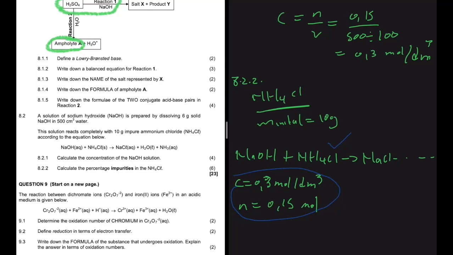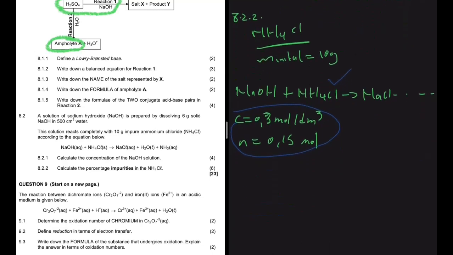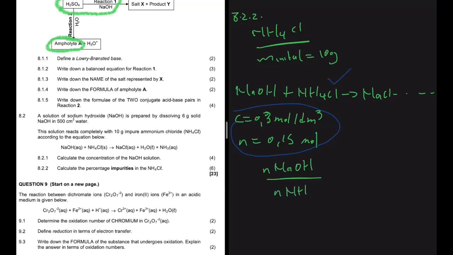We are definitely going to use the mole ratios of the two, right? Because in chemistry, for the most part, you're finding the number of moles and using it to find other quantities. So we can say that the number of moles of NaOH divided by the number of moles of NH4Cl will be equal to the balancing coefficient of NaOH, which is 1, over that of NH4Cl, which is 1.